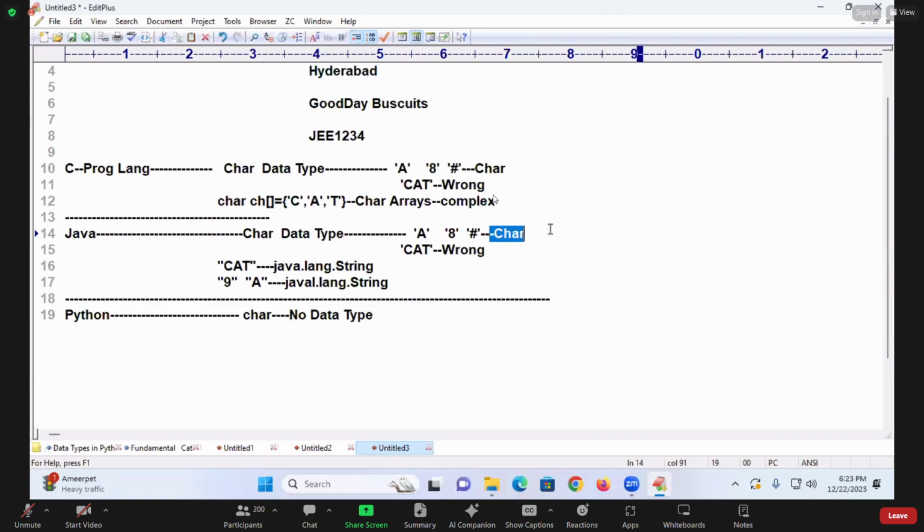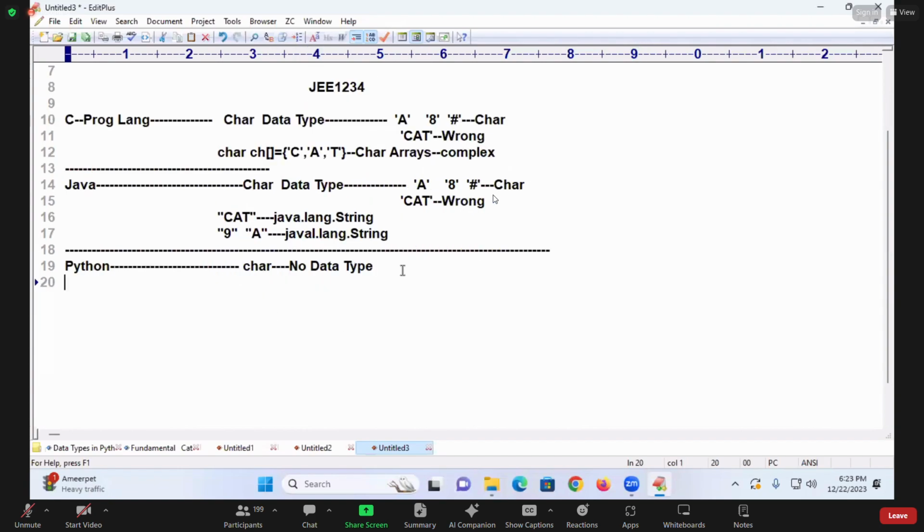In Python, every data, single quoted data coming from the C programmer, double quoted data coming from the Java programmer, both of them are treated as which data?